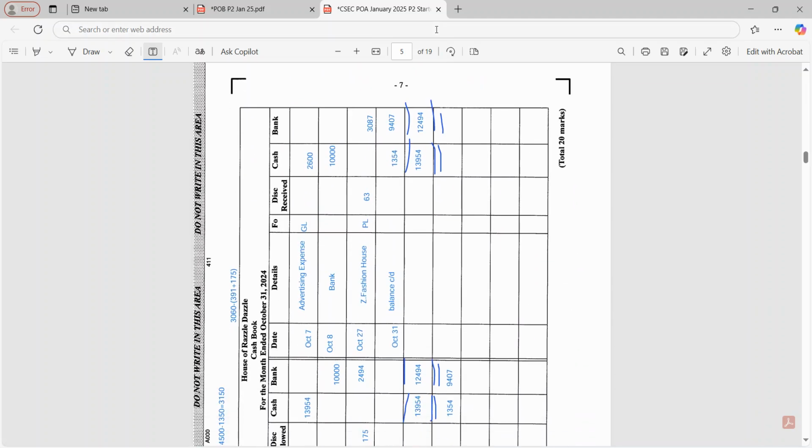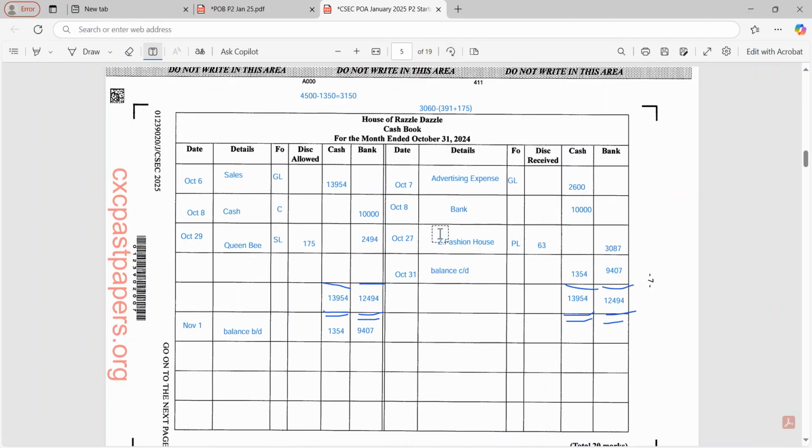Lastly, for your cash book, you need to balance off. So let's imagine that we don't have this part from balance CD going down. On our debit side, we'd have $13,954 on the cash column. On the credit side, we have 2,600 and 10,000.